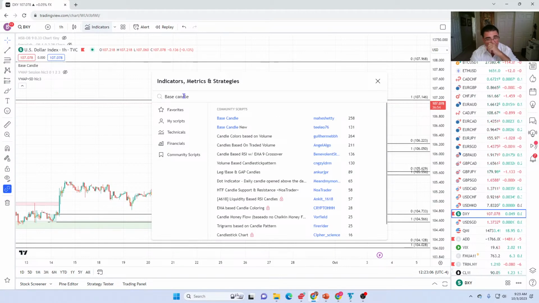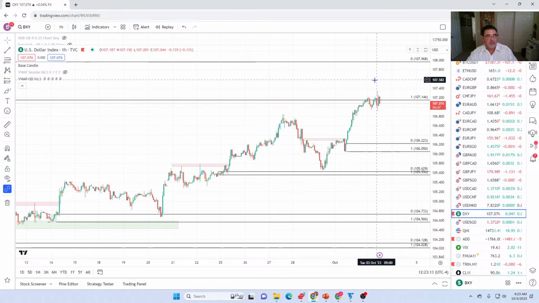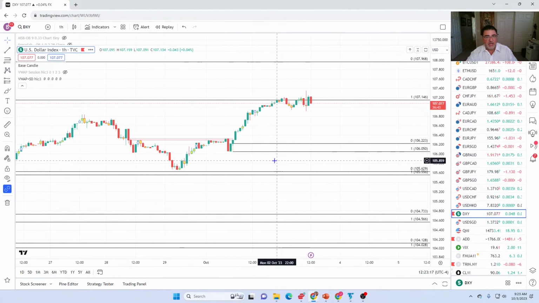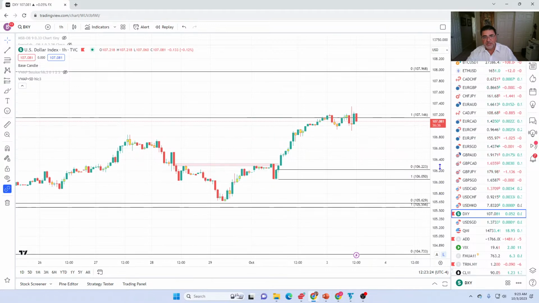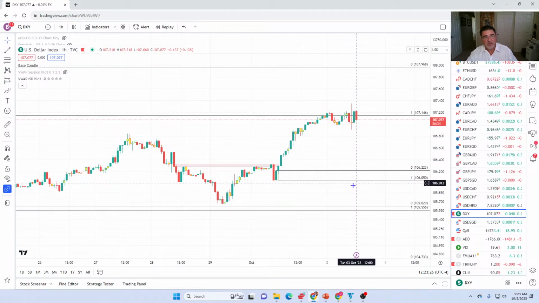The base candle indicator colors every candle where the body is less than 50% of the range differently. It just helps me assess the leg base group of candles a little easier.